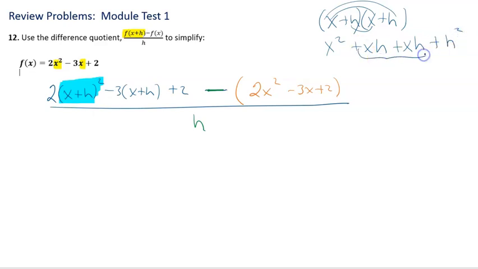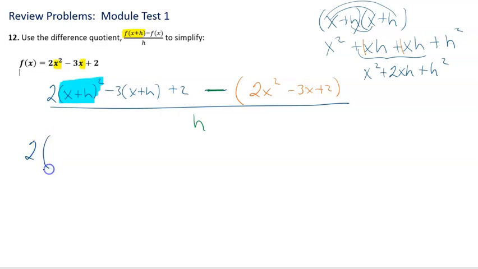You add these two terms together. Remember, there's a secret 1 in front of each one of those. And so when I add those together, that's x squared plus 2xh plus h squared. So I'm going to substitute that in for our aqua part here.